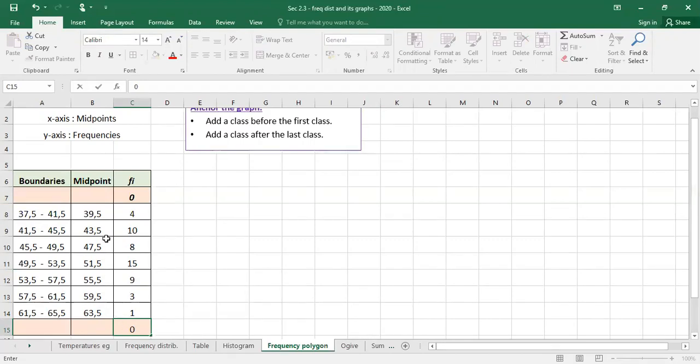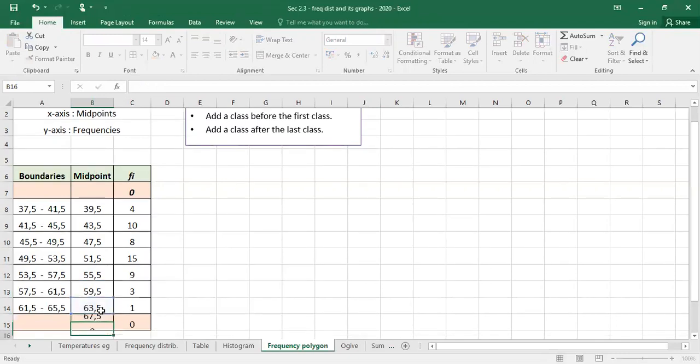Now, we want to plot midpoints and frequencies. So what would the midpoint of this previous class be? Remember, each time we were using the class width, saying +4, +4, +4, +4, +4. So for the class that follows, the midpoint would be the one before it plus your class width, which is 4.